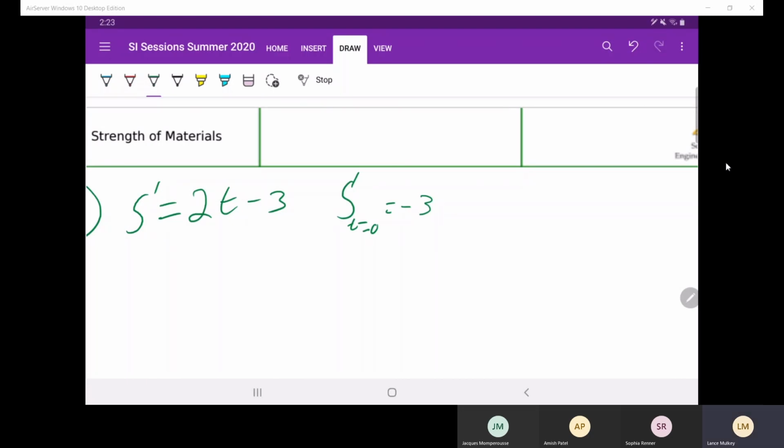So velocity is different than speed because it has a magnitude and a direction. We're only working in one dimension, so we're not doing 2 dimensions or 3 dimensions.